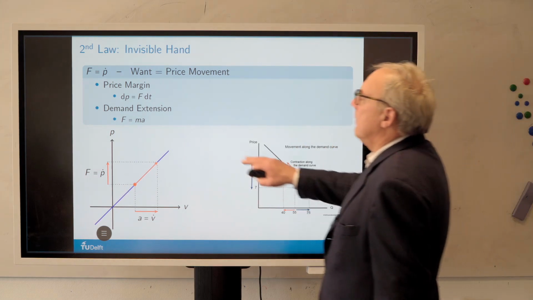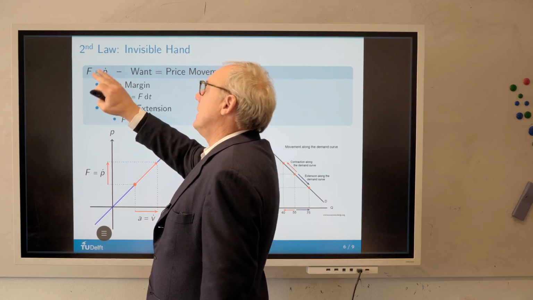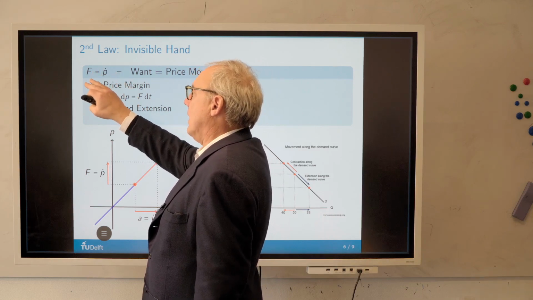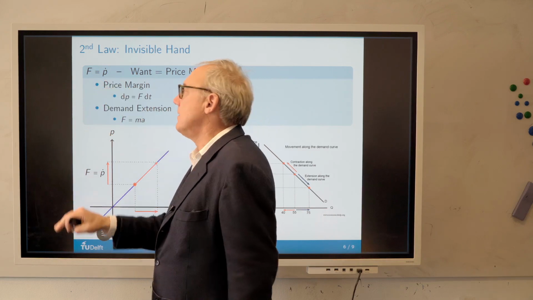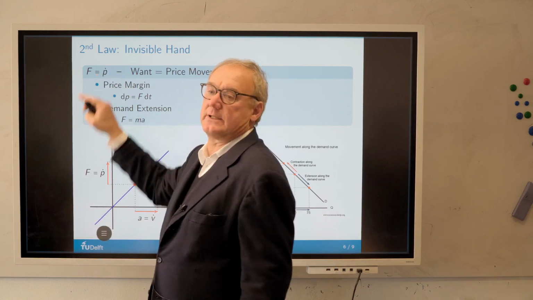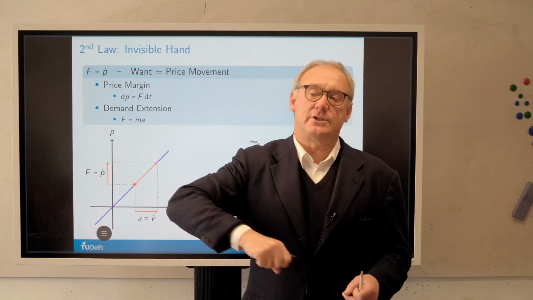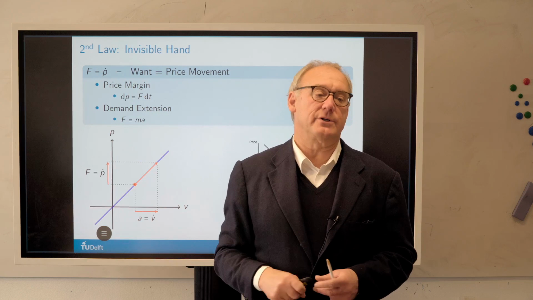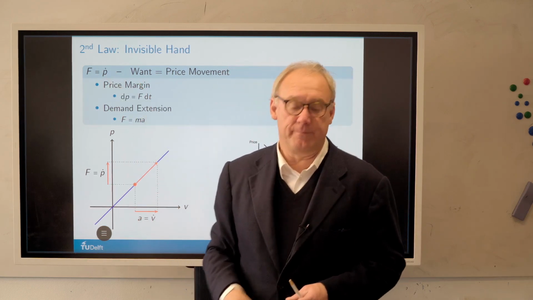So, in summary, Newton tells you that you know that something exerts a force if you look at the price movement, and that precisely is the motivation you give to the body to start changing its velocity, its state of motion, okay? This is also what he called the state of motion.